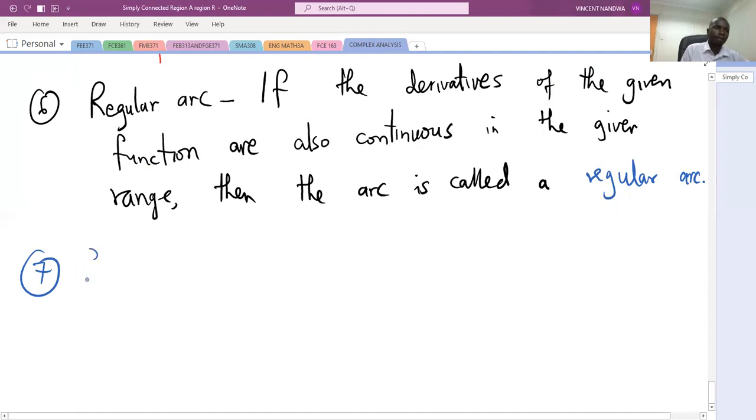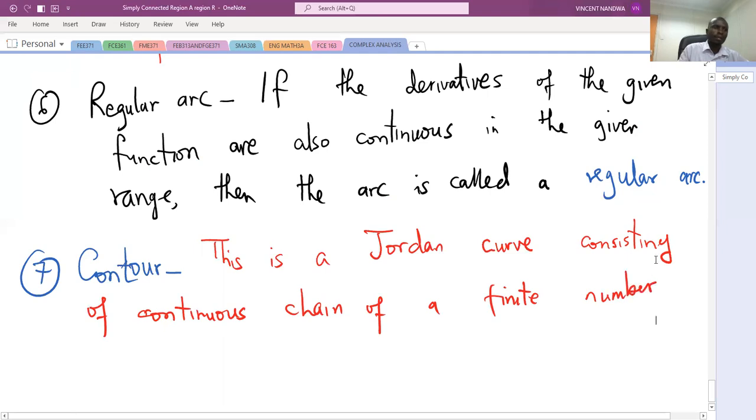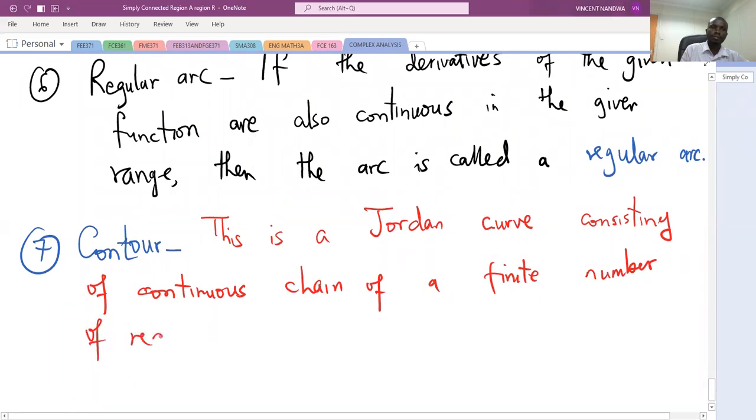Number 7, contour. So a contour is a Jordan curve consisting of a continuous chain of a finite number of regular arcs. So that's what we call a contour.